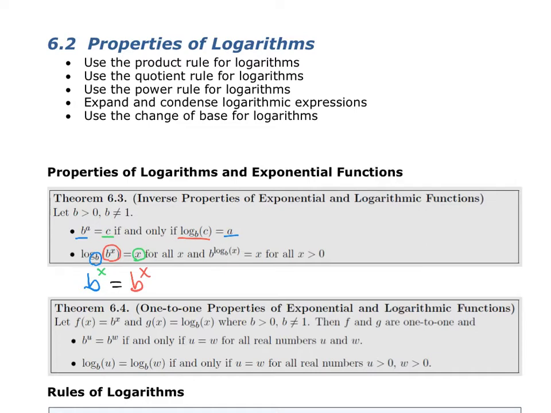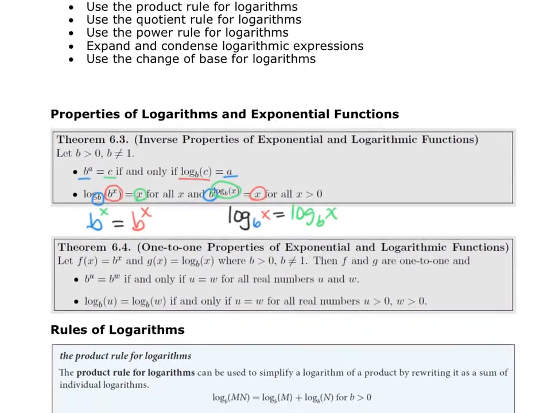Well, if this is my base and this is my exponent and this is my answer, if I write it in the logarithmic form, then I'm clearly going to get the log base b of x is equal to the log base b of x. And so that makes sense.